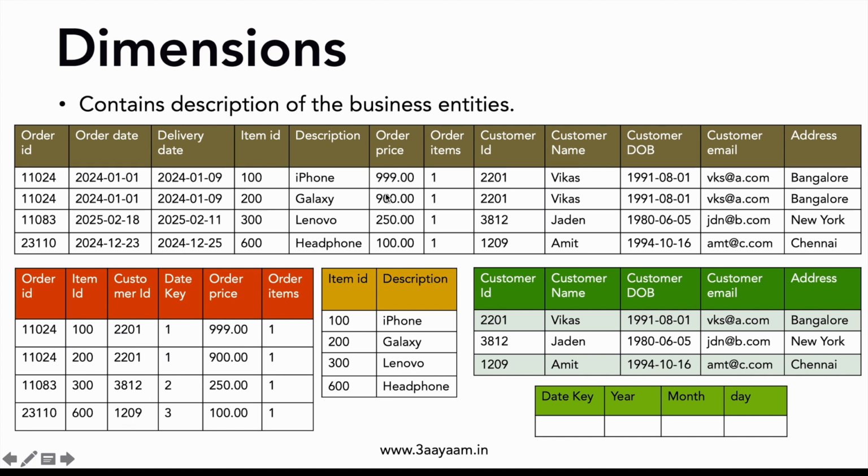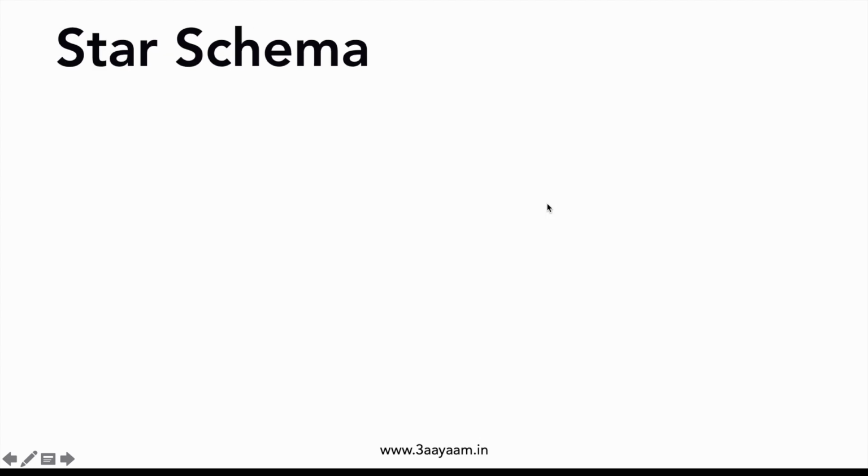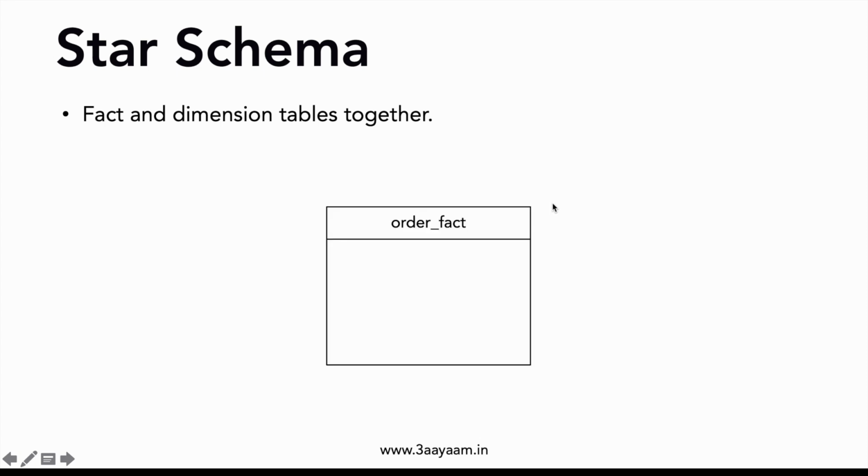Now if you go further, this schema that I have defined using dimensional modeling is called a star schema. Why? Because we have the fact and dimension tables together in the form of a star. So this is the order table or order fact.